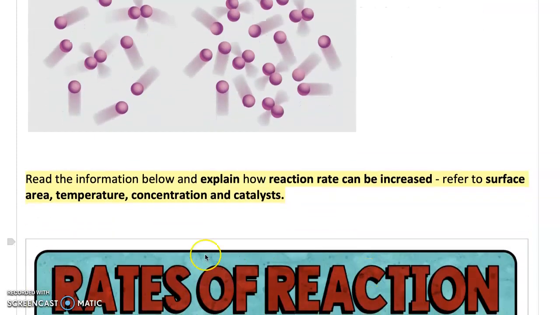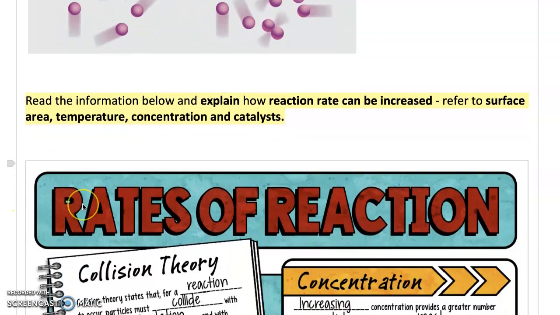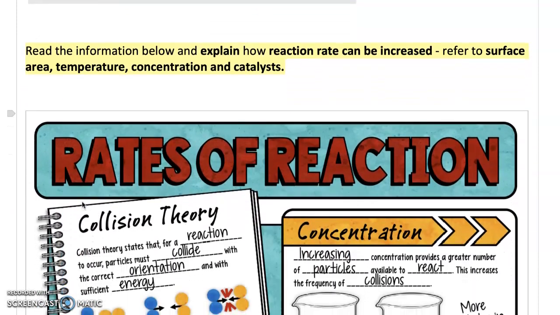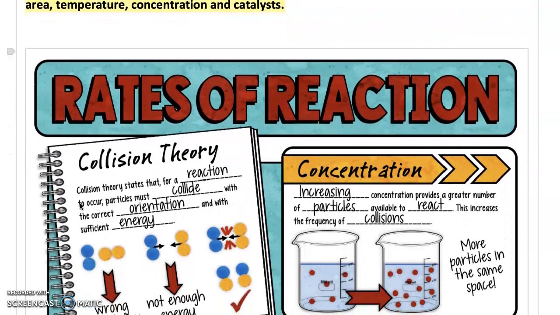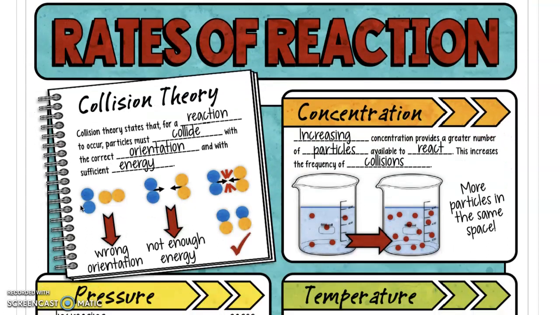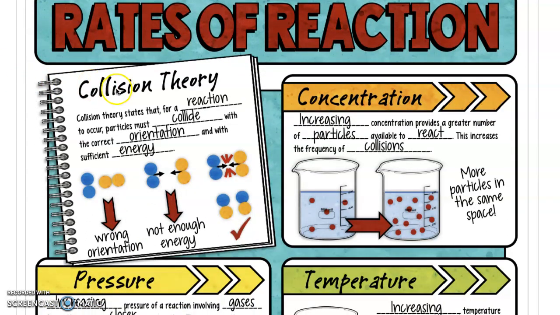Now there's a great infographic here that I would like you to go through and then take some notes, so that you can describe these different types of rates of reaction and how we can increase or decrease the rate of reaction. The first thing to understand, like I've been talking about, is collision theory. Collisions are really important in chemical reactions.